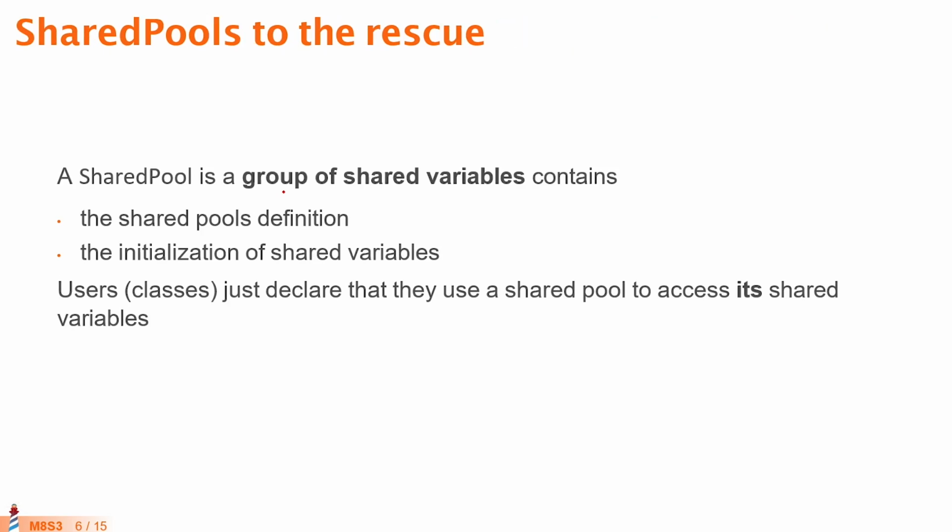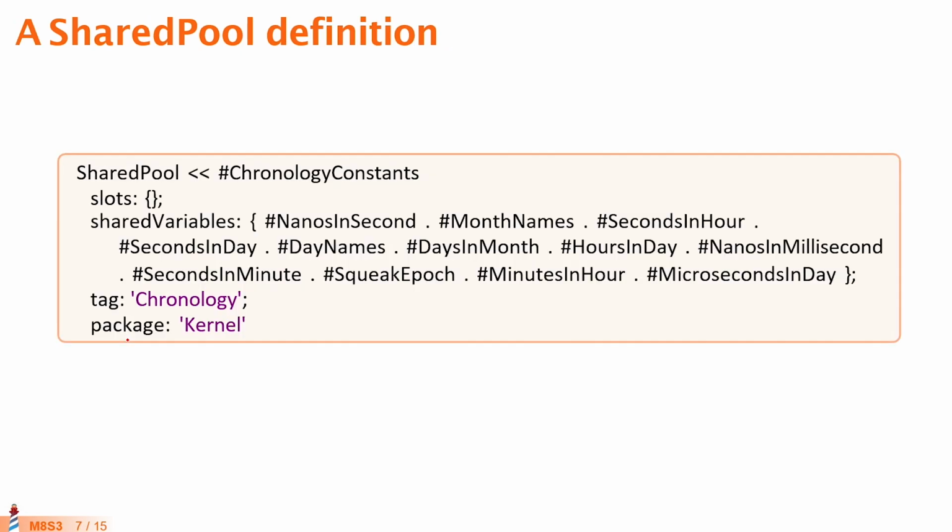So what is a shared pool? This is a group of shared variables. The shared pool defines the variables and initializes their values. Then the user classes just declare that they want to use that shared pool to access its shared variables. Let's look at it.